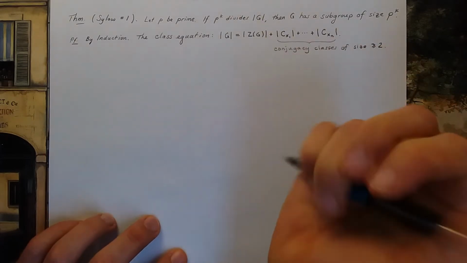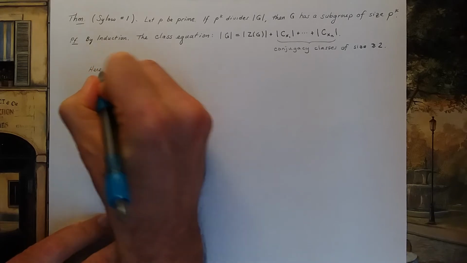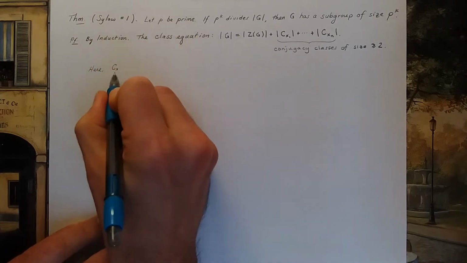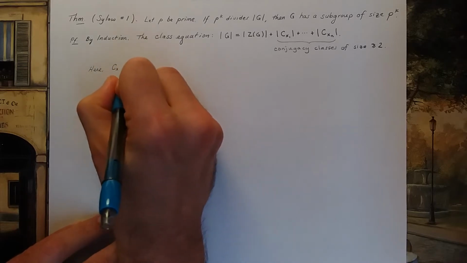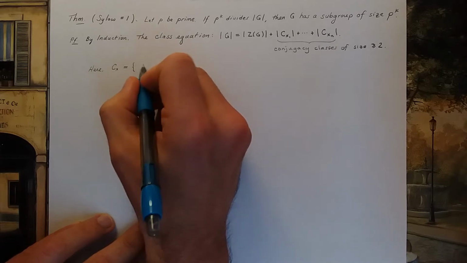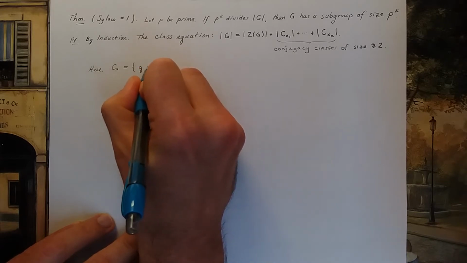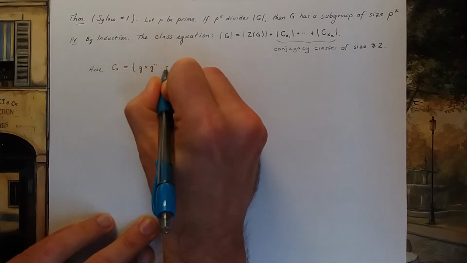Now I'll remind you what the conjugacy class was. The conjugacy class containing an element x in your group is the set of all elements of the form g x g inverse, where g is in your group.